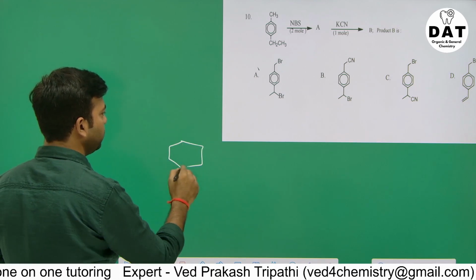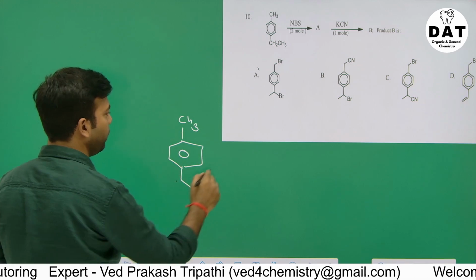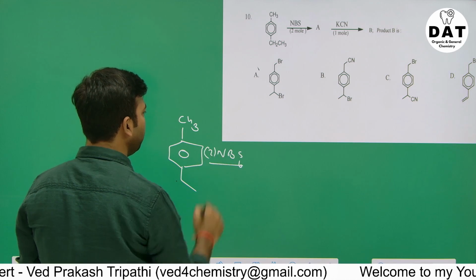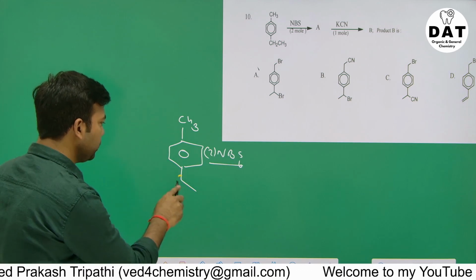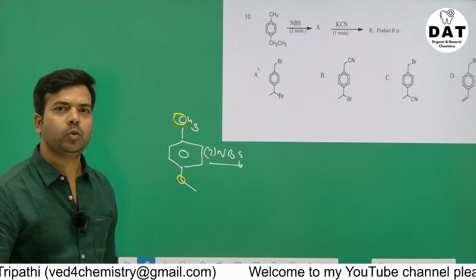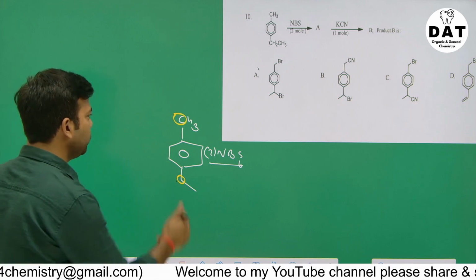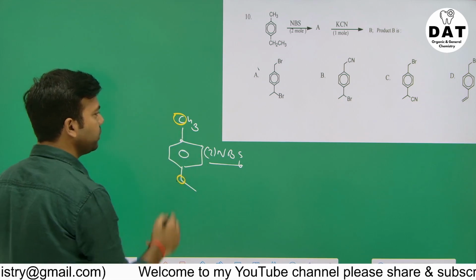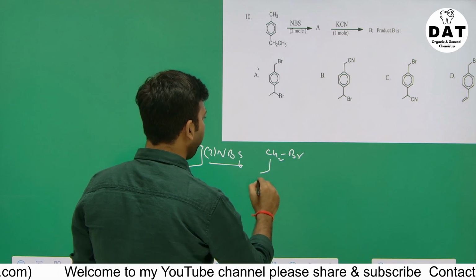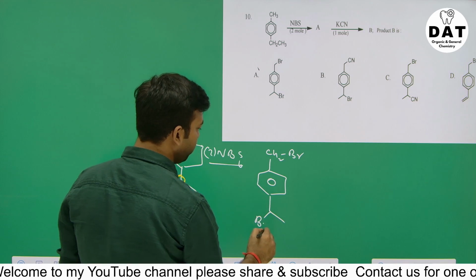This is a ring, this is CH3, this is CH2CH3, and we are using NBS, 2 moles. So these are the allylic positions, this and this. Allylic is what? An sp3 carbon adjacent to an sp2 carbon. So this carbon is sp2 here, and this is sp3. So the product will be CH2Br, and here we have a bromine.